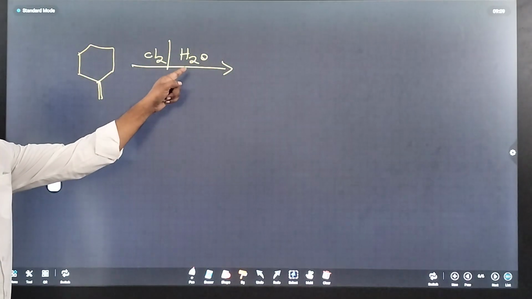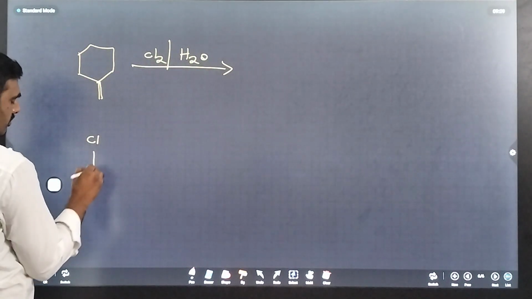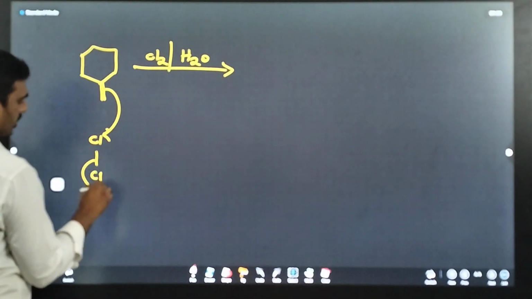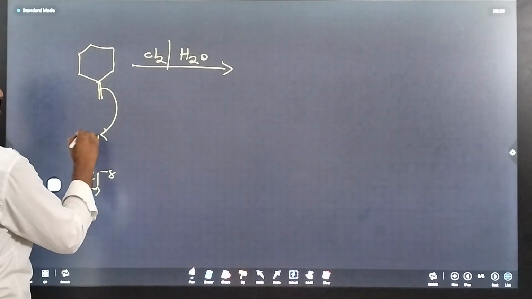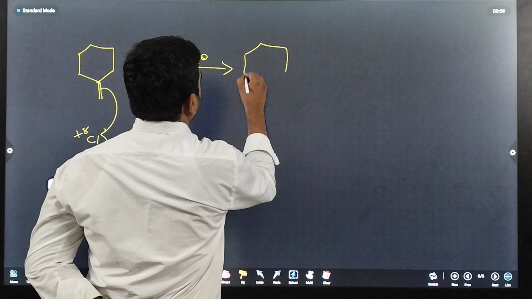This is the polar solvent. Here Cl and Cl, the pi electron displacement is towards here, and Cl minus is eliminated as a nucleophile.